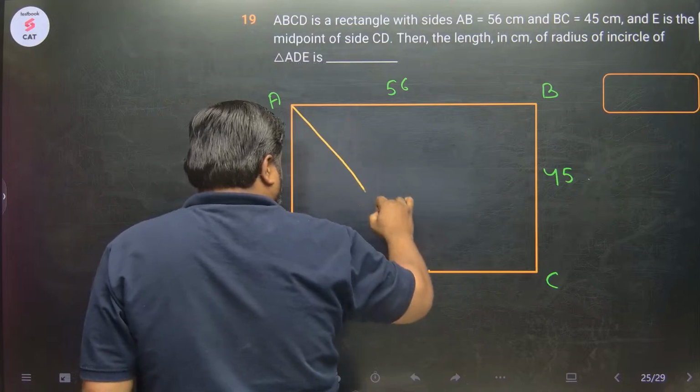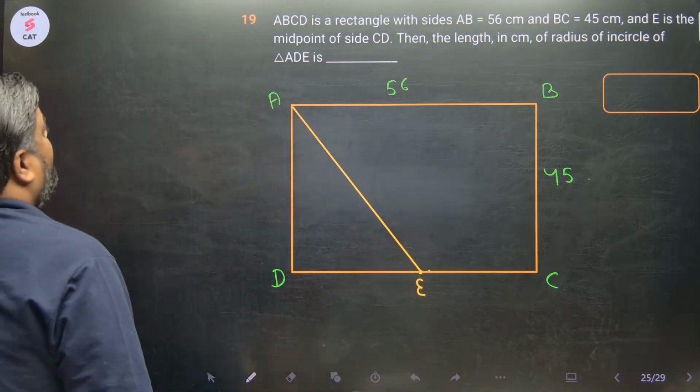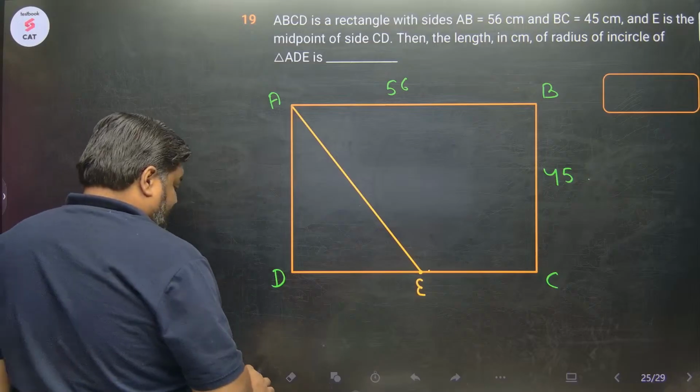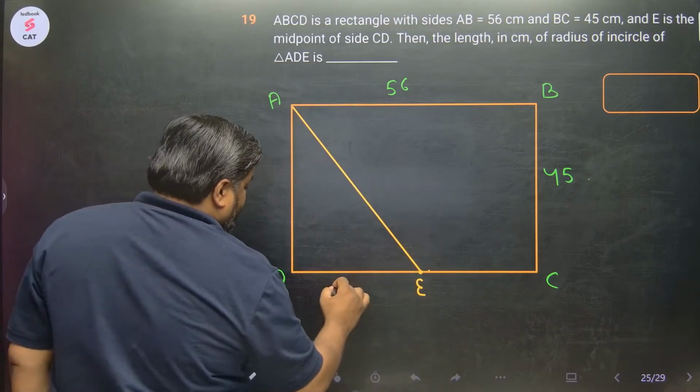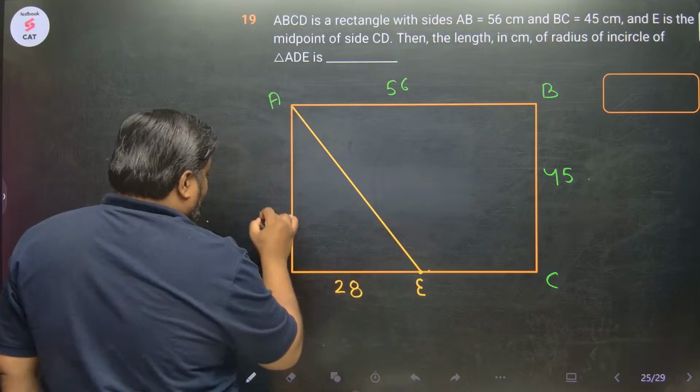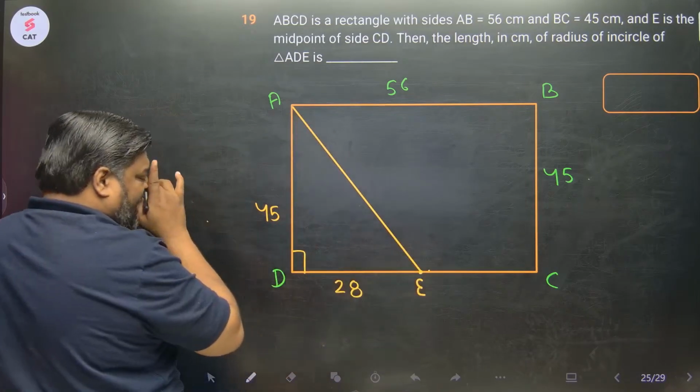So AE. This would be 28, this is 45, this is 90 degrees. We can calculate AE.